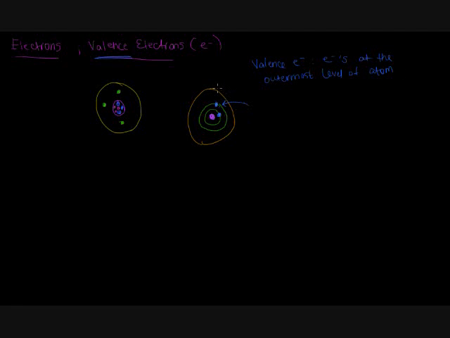So the way you differentiate from the regular electrons is as follows. If in this example I asked you to give me the number of total electrons, just by looking at it you would say total E- equals 2 electrons, right? Now if I asked you for valence only, you would look at only this one. So you have 1 electron that's valence. That's basically what a valence electron is.